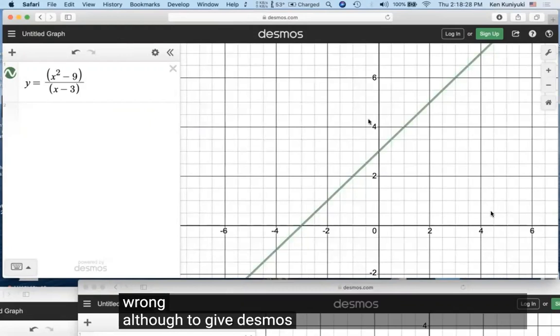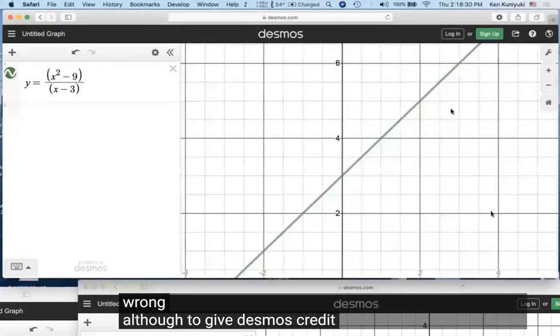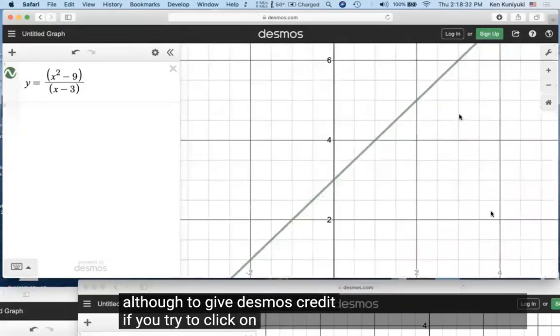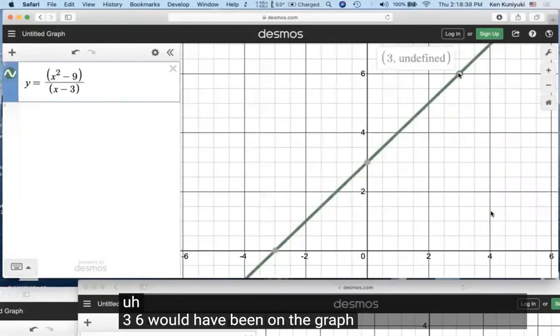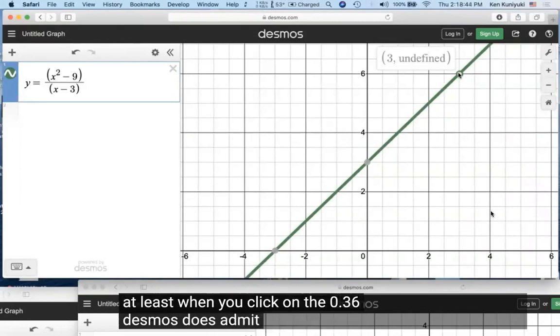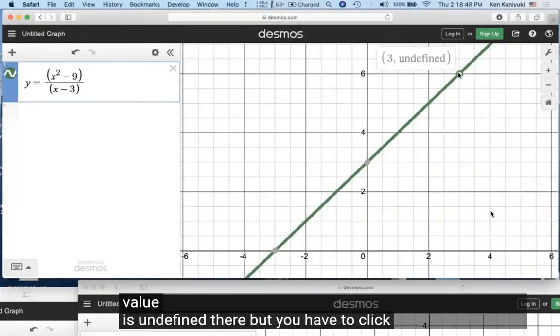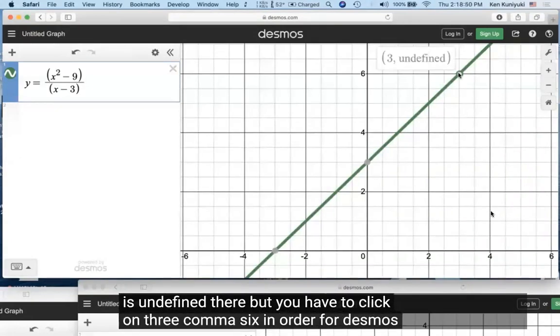Although, to give Desmos credit, if you try to click on the point where 3, 6 would have been on the graph, see here, when you click on the point 3, 6, Desmos does admit that the function value is undefined there. But you have to click on 3, 6 in order for Desmos to tell you that.